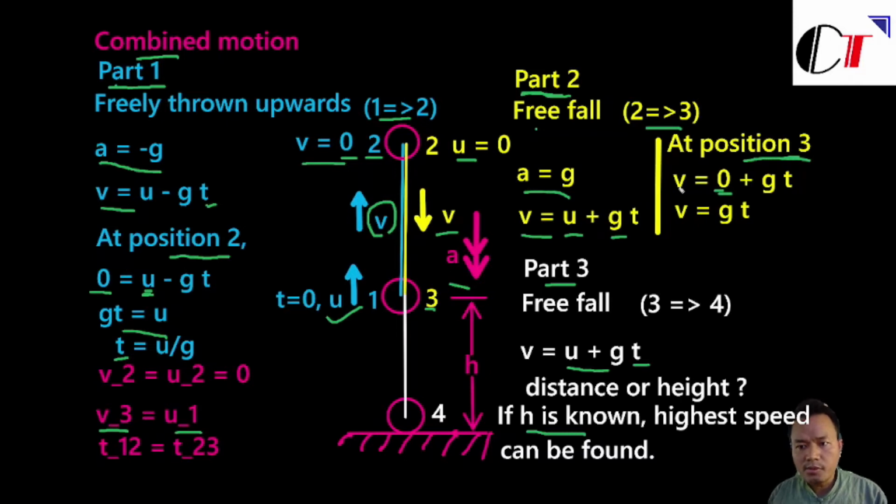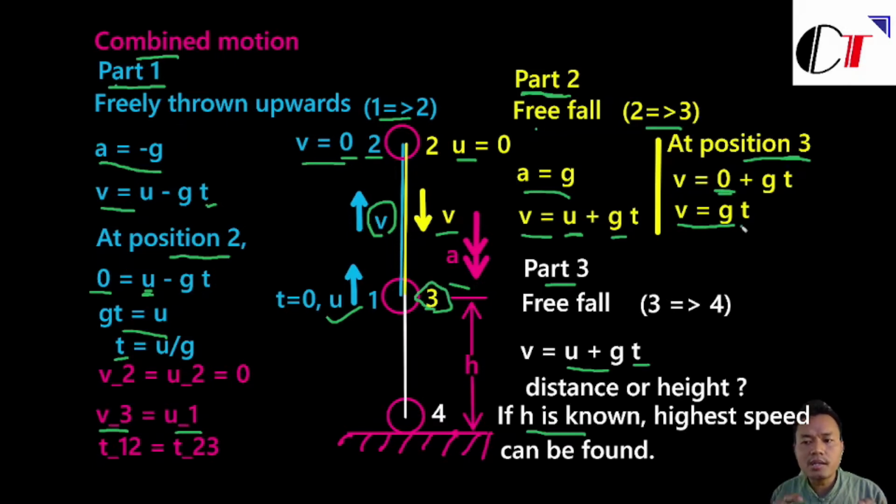So let's try to look at this. v equals u plus gt. So you substitute the initial speed u, which is the speed at position 2, which is just 0, plus g times t. And now, since u is 0, the final velocity at position 3 will be just gt.